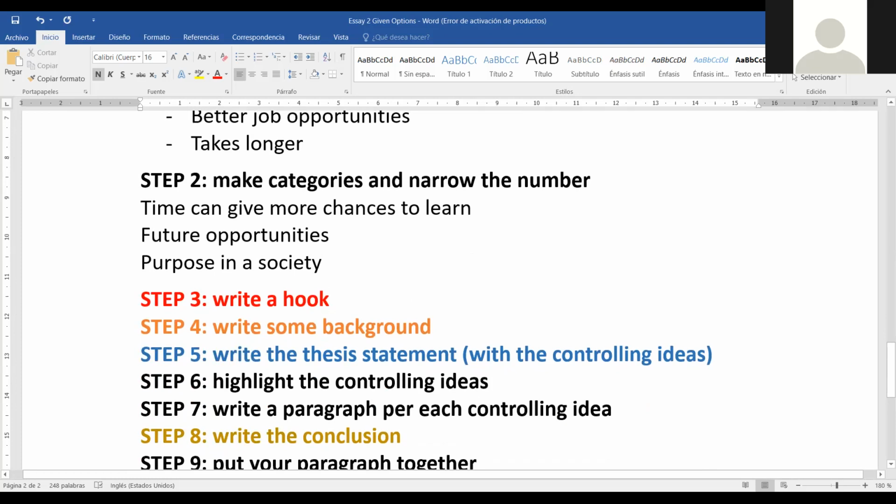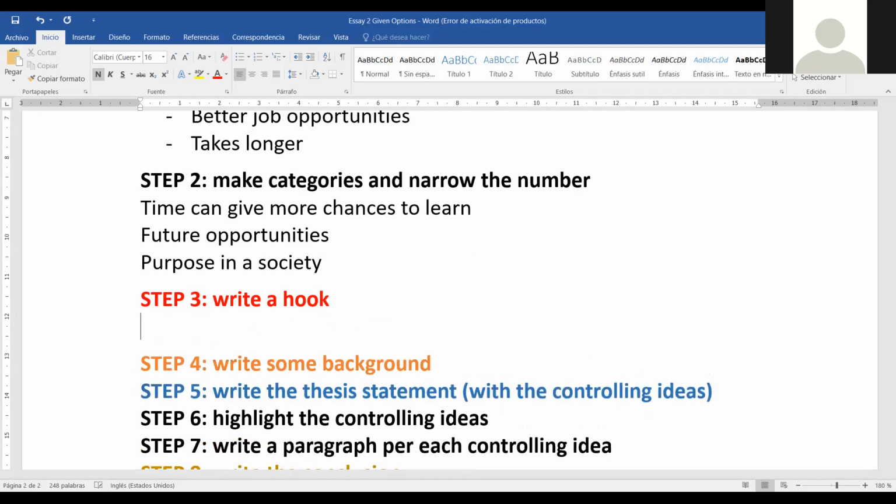Okay, so then I have to create a hook. What would you include for a hook, Luis? What do you consider would be attractive for people? I don't know.